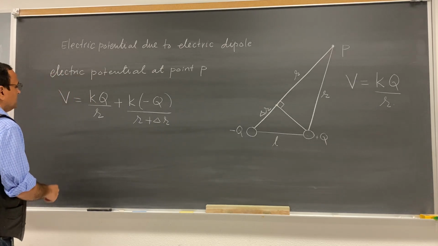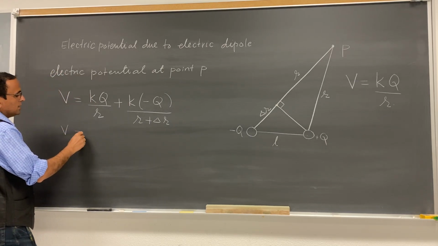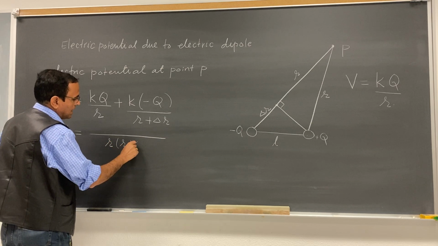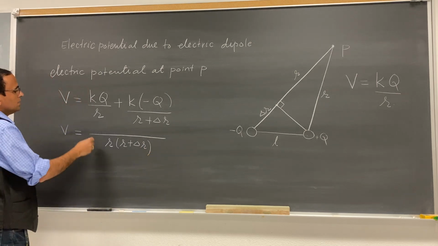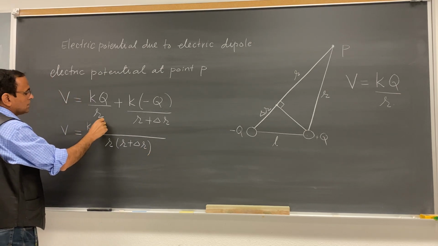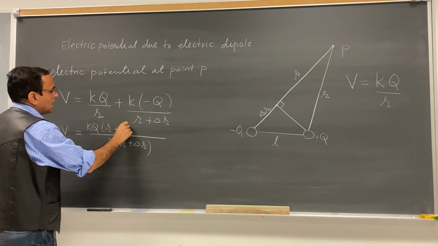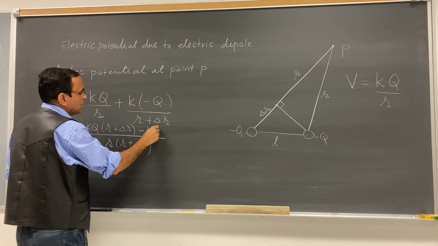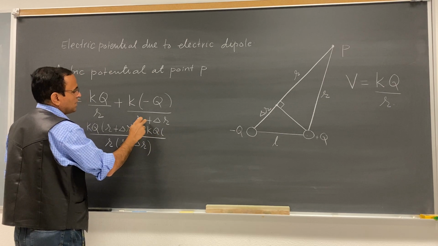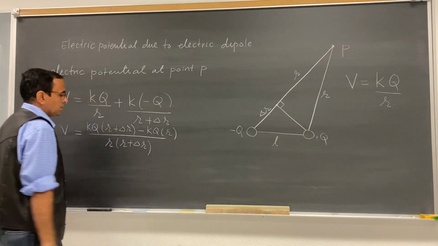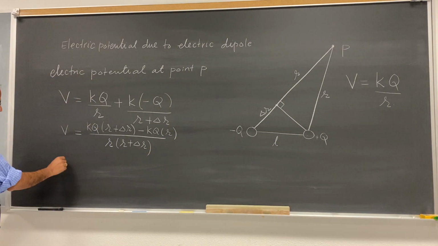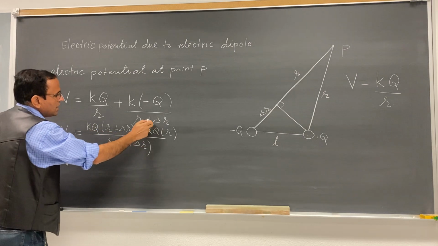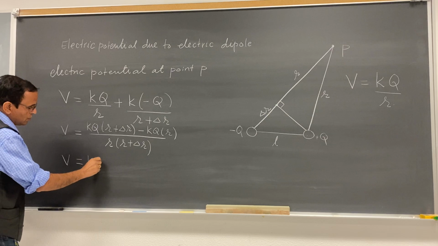Now let us simplify this. Taking the common denominator, the first term is KQ times R plus delta R, and the second has a minus, so negative KQ times just R. If you simplify this, V is equal to, look, here you have a KQ, here also you have a KQ, so you can pull out this KQ.